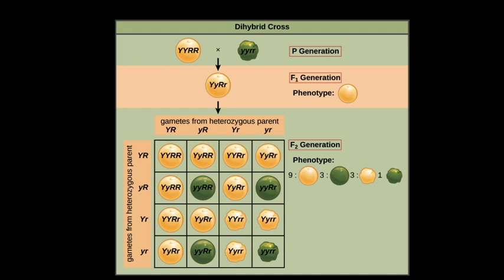It further applies only to traits controlled exclusively by a single gene pair in which one of the two alleles is dominant over the other. The law therefore does not apply, first, to alleles that are incompletely dominant or codominant. Second, to genes that vary in their expressivity and penetrance.